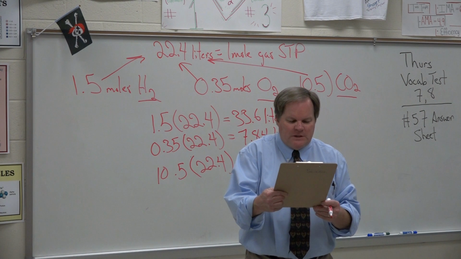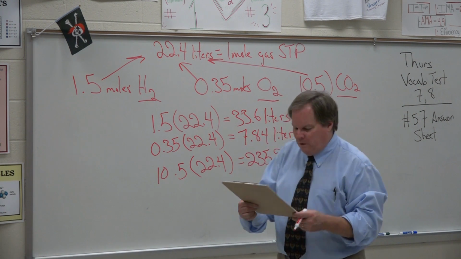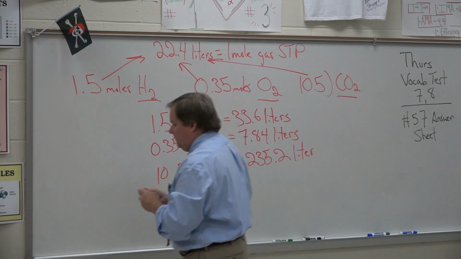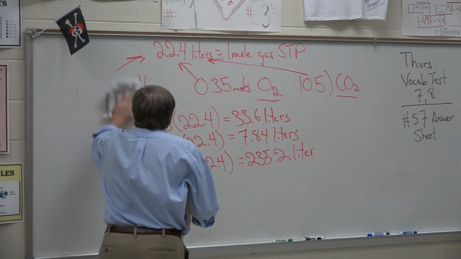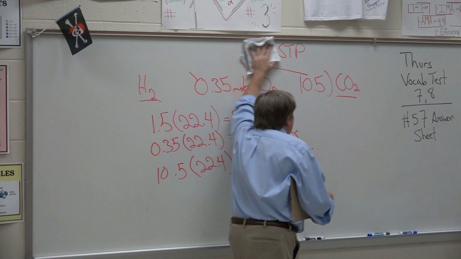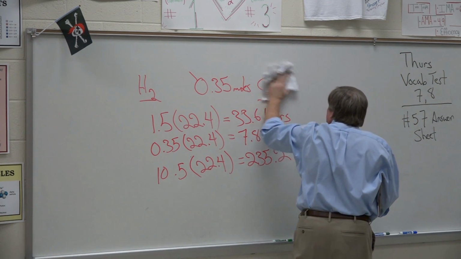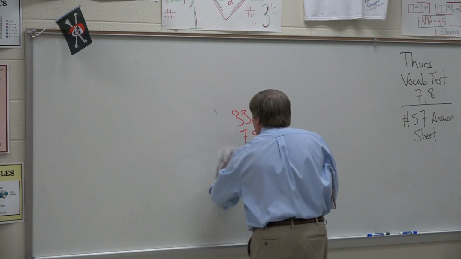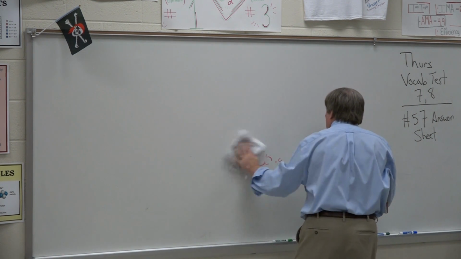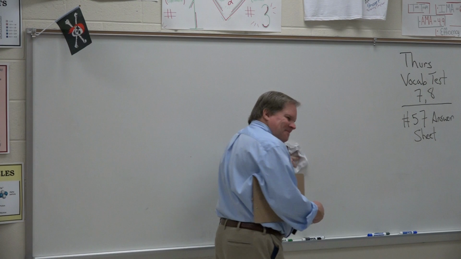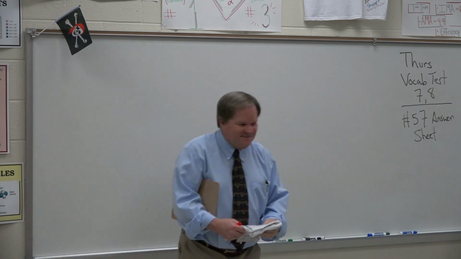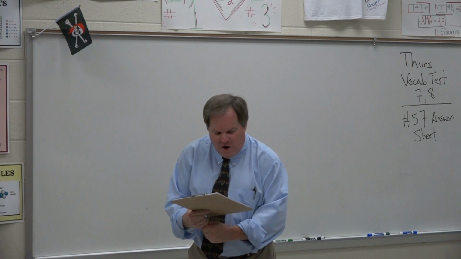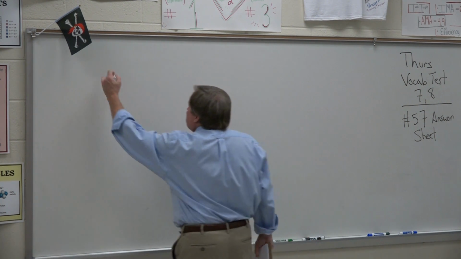Percent compositions, number 4, the one everyone loves to hate. They're just a little tedious. We'll put these up on the board one at a time. Let's start with something simple.